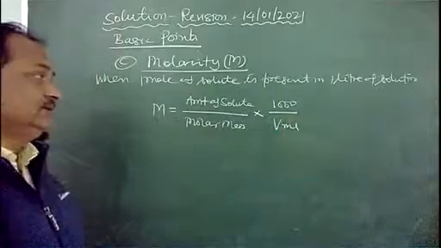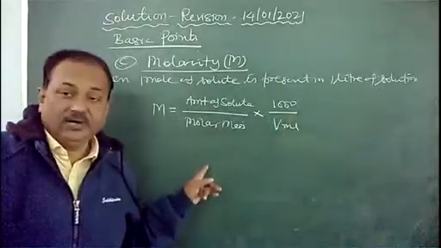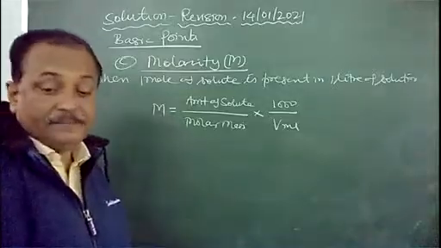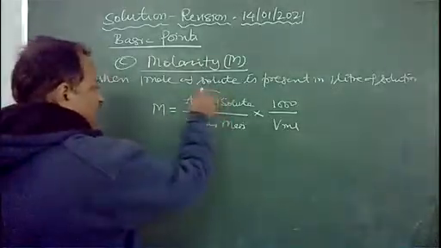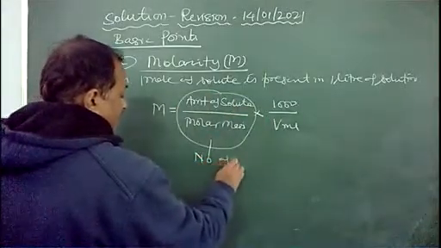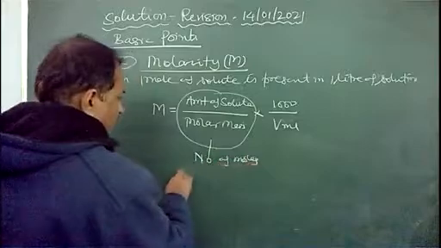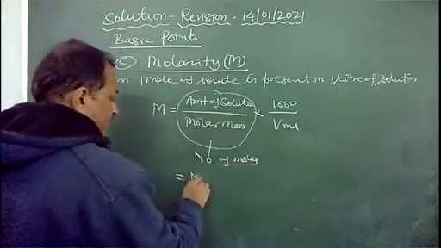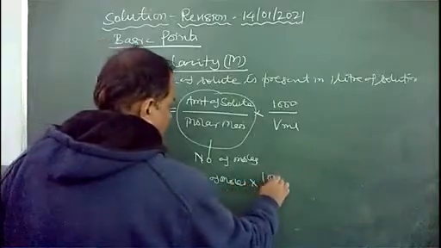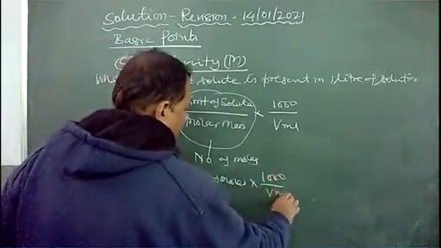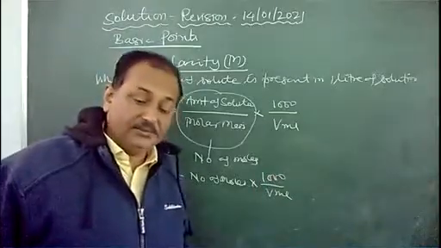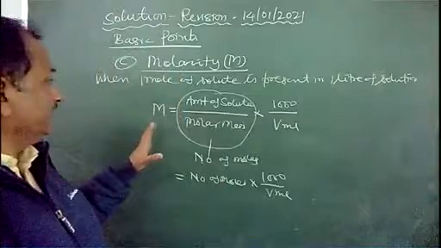So this is the working formula, and the unit will be gram per mole. This quantity is equal to the number of moles. So this will be equal to number of moles into 1000 upon V in ml. So this is the way to find out the molarity.